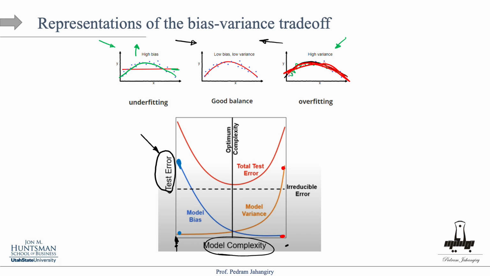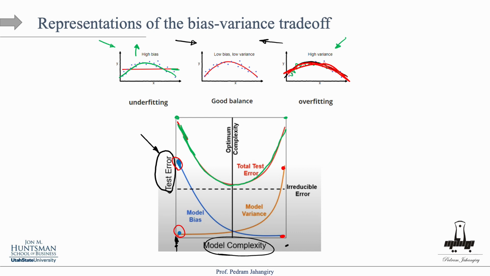So if we add these two together, this is our total test set error, which let me actually use another color. This is how it's going to look, the combination of the two: variance plus bias squared plus irreducible error. And as you can see, when the model is super simple, this is high, and when the model is complex, this is also high.